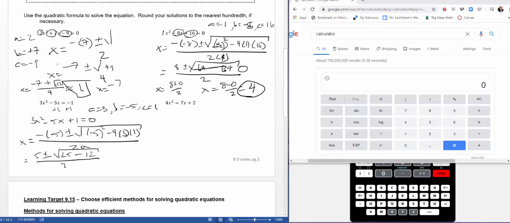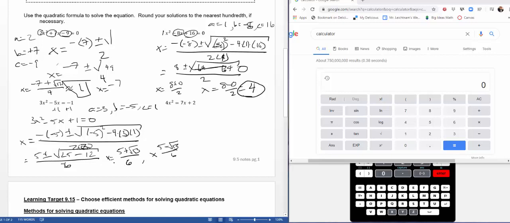Divided by 2 times a, which is 3, so 6. 25 minus 12 is 13, so x is going to be 5 plus the square root of 13 over 6, and x is equal to 5 minus the square root of 13 over 6.